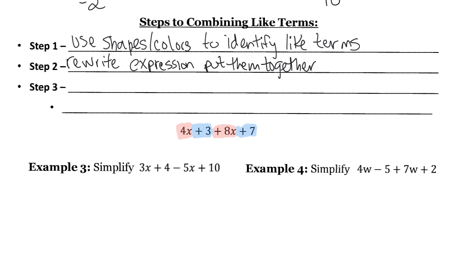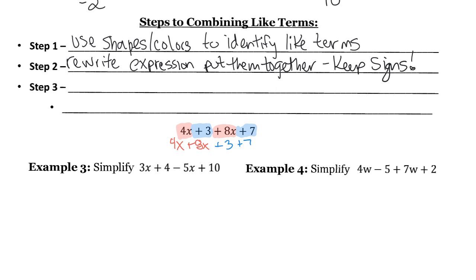So just be wary here. So I'm going to put everything in red together. And I'm just going to keep the signs. Okay, so we're not going to change any signs. We're just going to leave whatever signs they are. So since these are both plus, they stay plus. And now I have plus 3, plus 7.